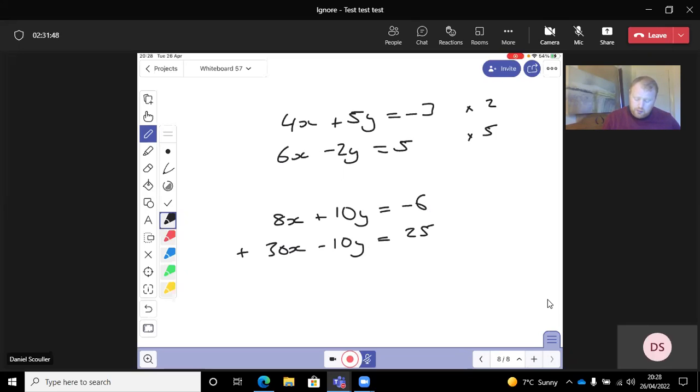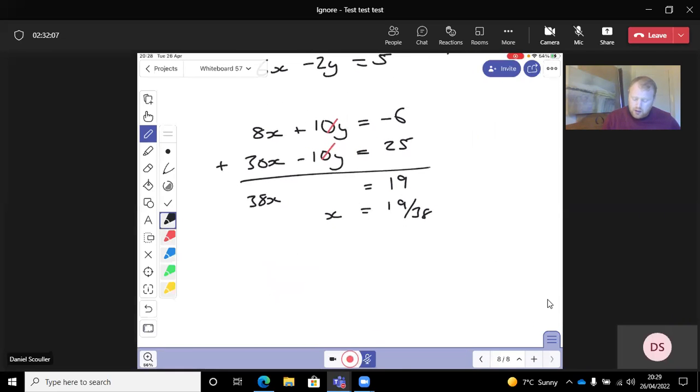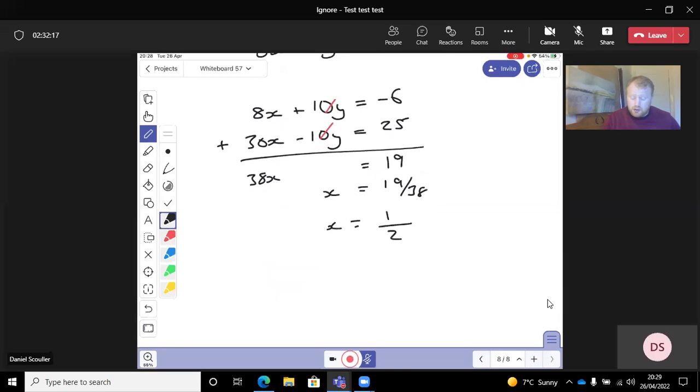We add them both together to remove the y's. 38x equals 19. Now remember, this is a non-calculator paper. So 19 divided by 38 is quite awkward, but if you simplify that down, it's just 1/2. It's just a half. So you can substitute a half into that first equation.